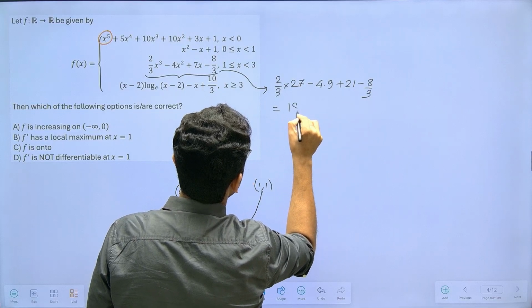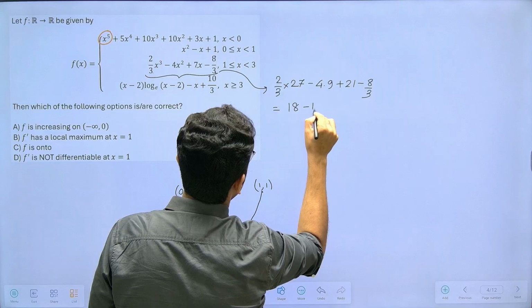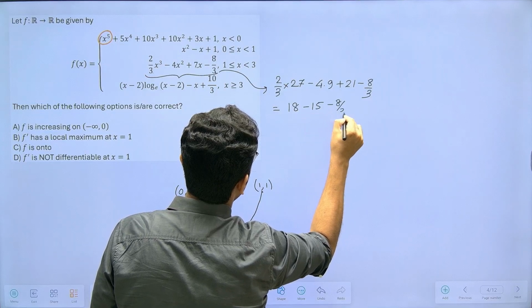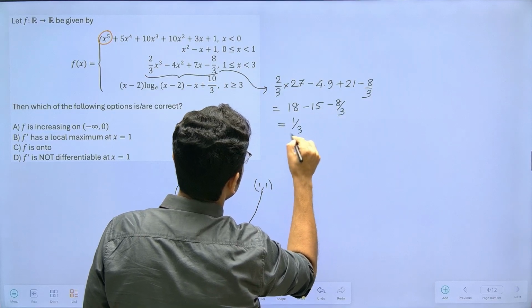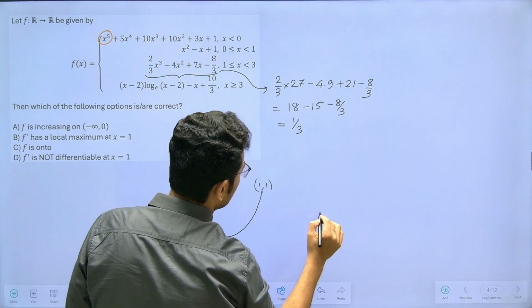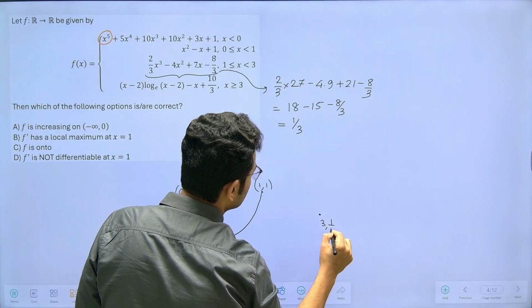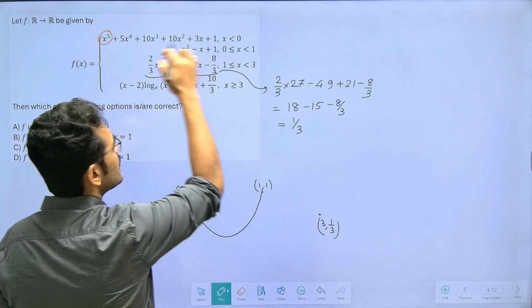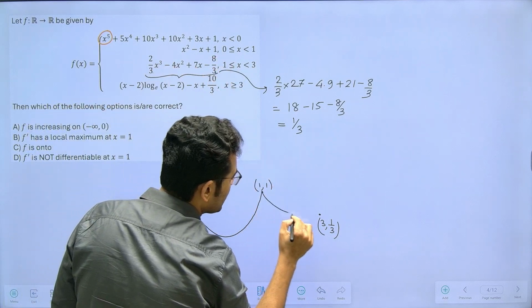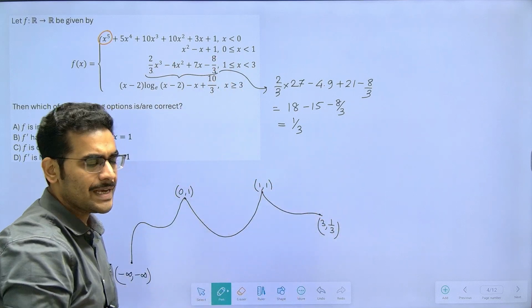So this will be 18 minus 36 plus 21 minus 15 minus 8/3, that is 1/3. So it will end at 3 comma 1/3. It is again a continuous graph, so I am just joining the dots by a continuous rough sketch.